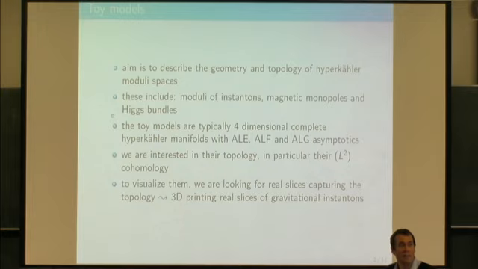So we take a complex hyperkähler manifold. In one of the complex structures, we write down maybe an equation, and you have to play with the equation to get the real part nice, and then you try to print the real part. And the hope is that this is going to capture the topology of the four-dimensional gravitational instanton.